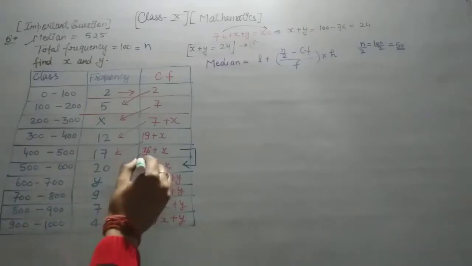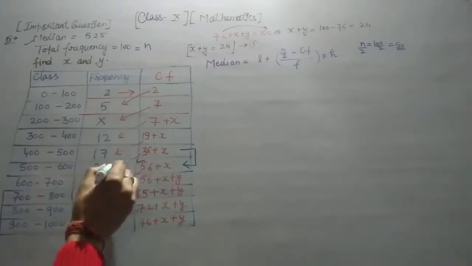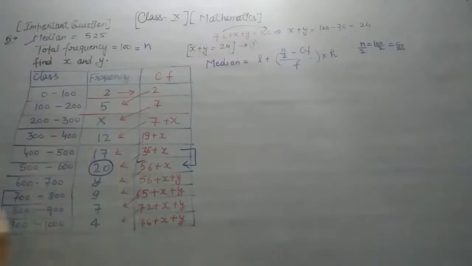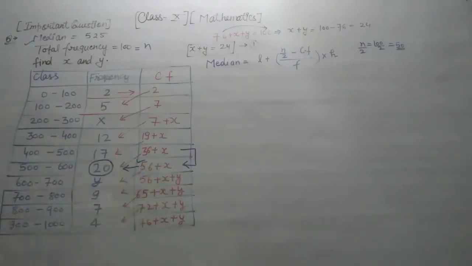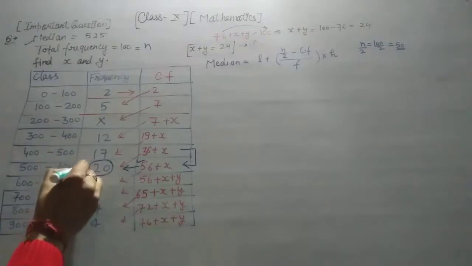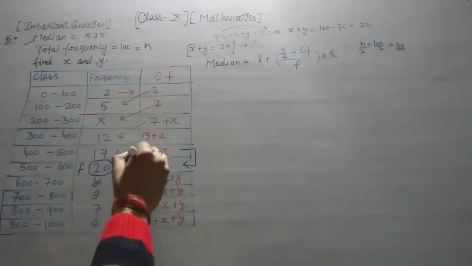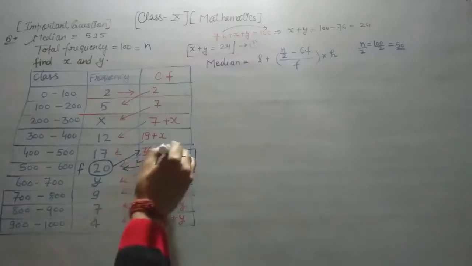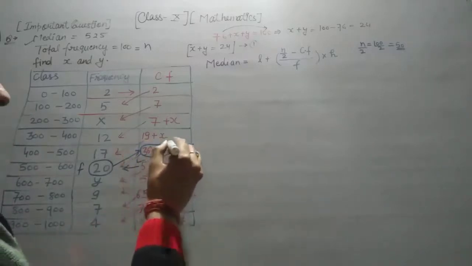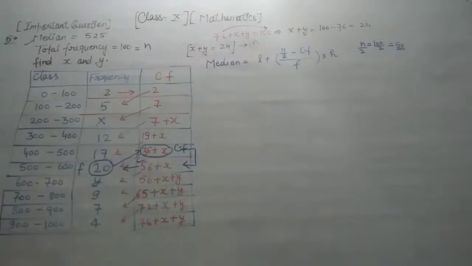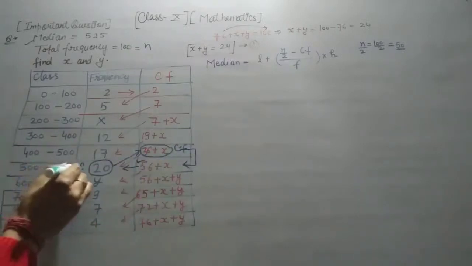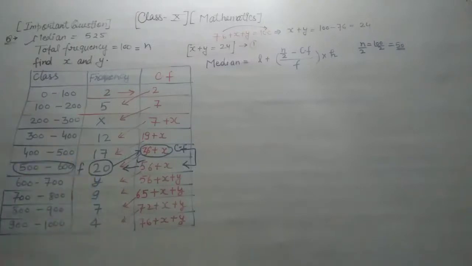Just after the greatest value is 56. So this is this value. Whatever frequency is in front of this, this value is considered as f. And the value just above it, this frequency is known as CF. So this is your cumulative frequency, this is your f, and this interval is known as the median interval.